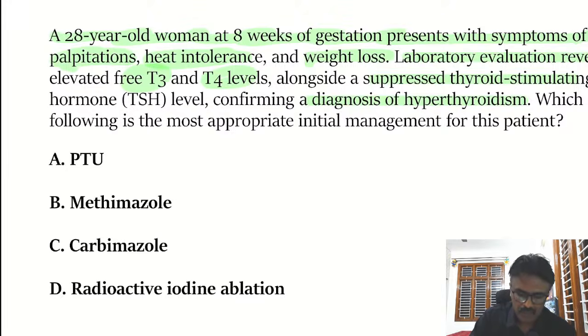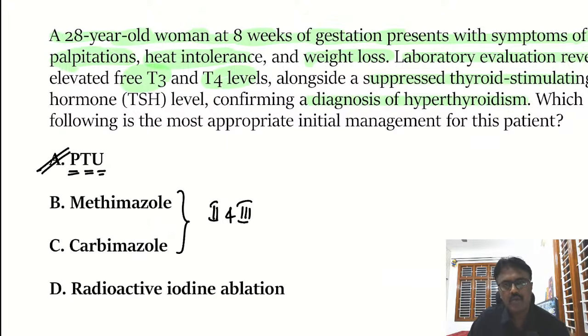So remember the choice of drug in pregnant women. In the first trimester, use propylthiouracil. Suppose she is in the second or third trimester, then I can give either carbimazole or methimazole.